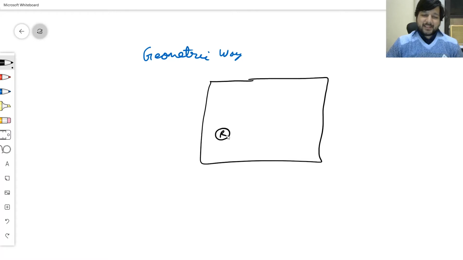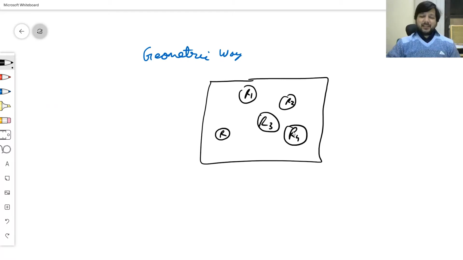So that's the robot that we're trying to avoid, and there are agents which are R1, R2, R3, R4, and let's consider all of them circular in nature. And this time, let me not consider the velocities of the different agents which are moving around.